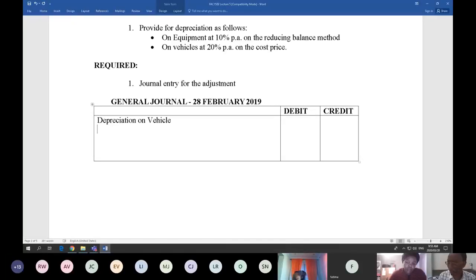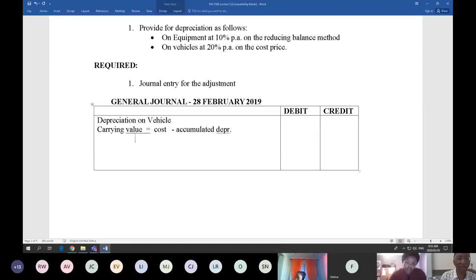So what does diminishing balance method mean? As discussed earlier, diminishing balance method means first calculate the carrying value. Now, if we want to know what's the carrying value of our vehicles, it is equal to the cost price of the vehicles minus the accumulated depreciation.